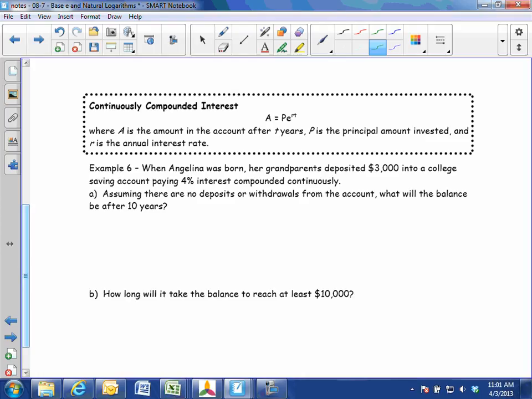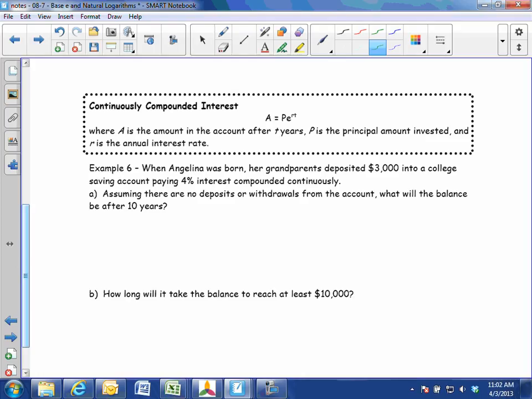It's just continuous forever. But it's continuously compounded, so you're getting interest always. It depends on how much is in your account and how much interest there is.